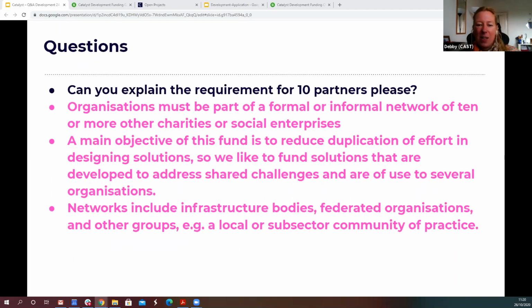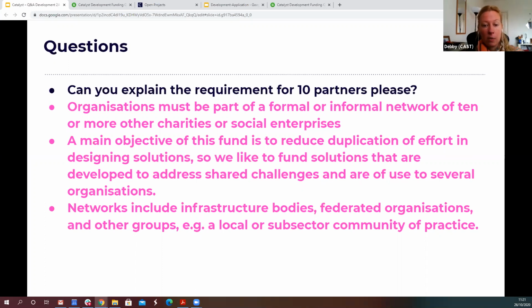Can you explain the requirement for 10 partners, please? Organizations, as part of that, what David was saying about reuse, and you know, we want this work to benefit lots of organizations. Many organizations are struggling with similar challenges, and we can't fund every organization, so we want solutions to be helpful and useful for more than one organization.